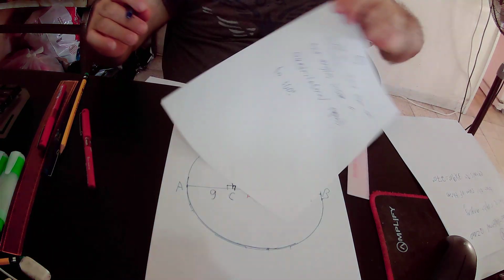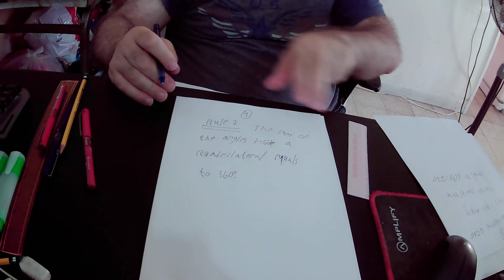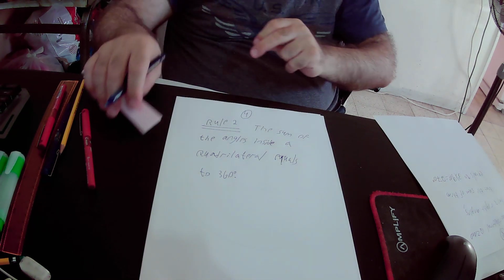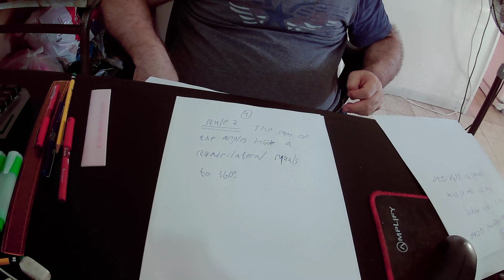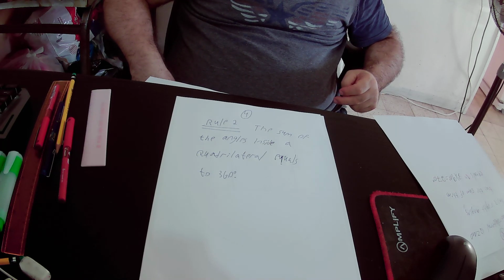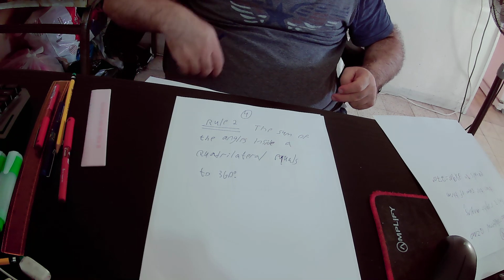I will read rule number 2 again. Rule number 2 states that the sum of the angles inside the quadrilateral equals 360 degrees.